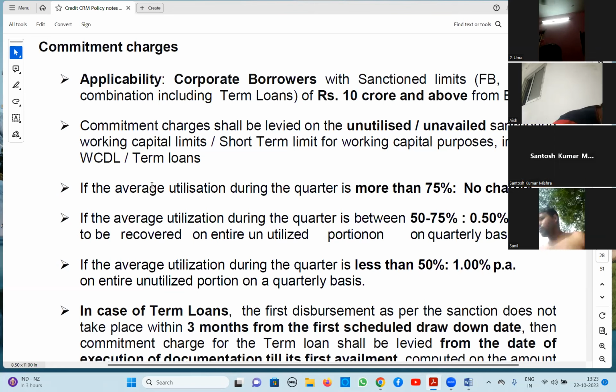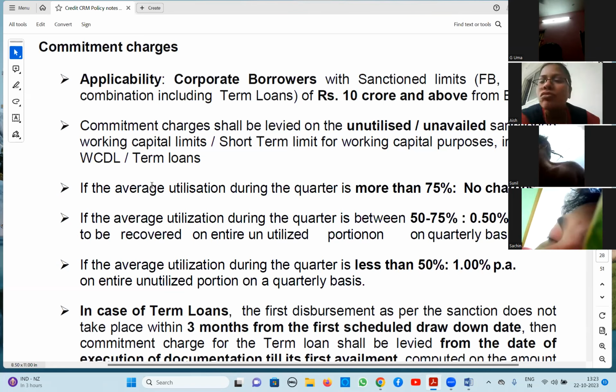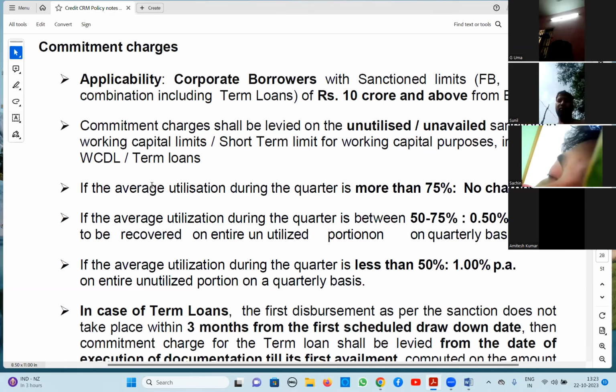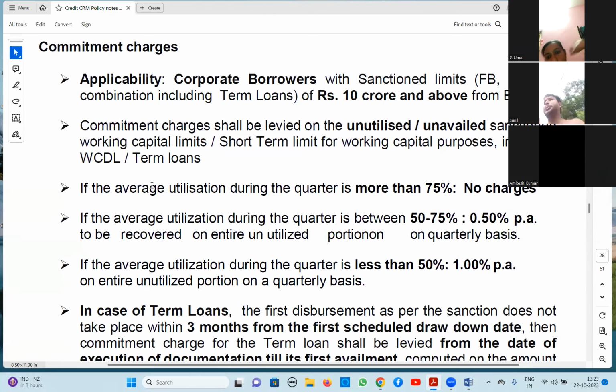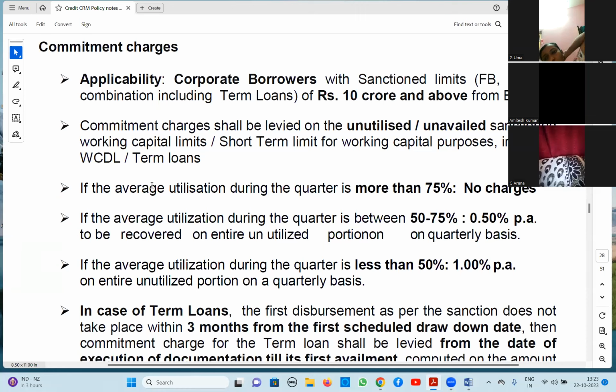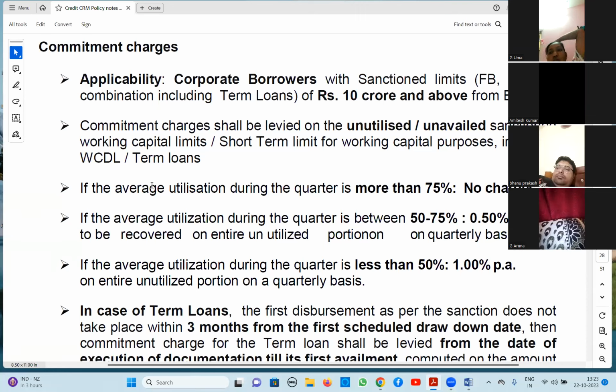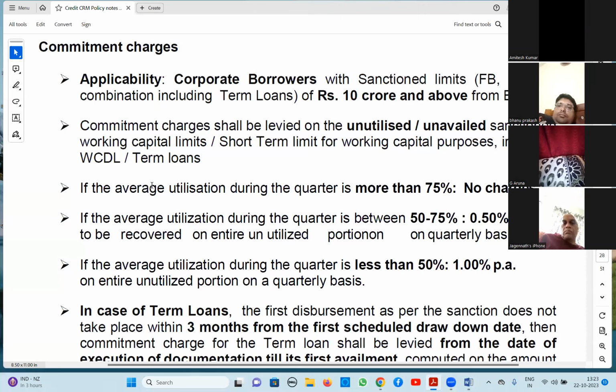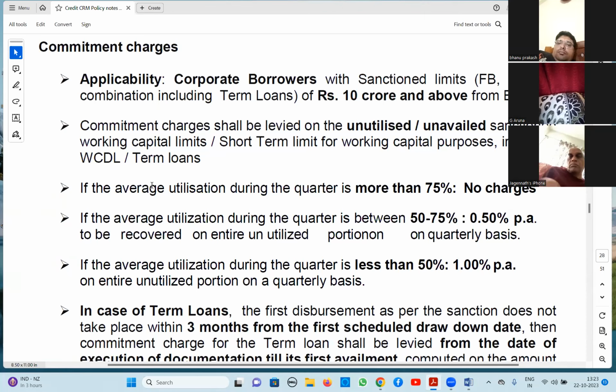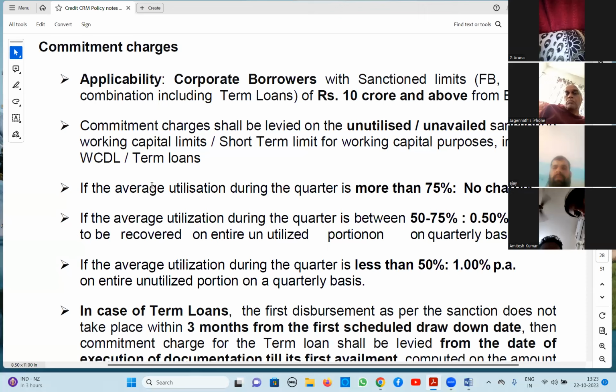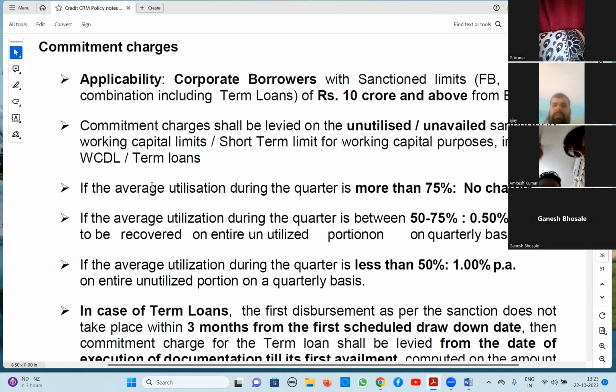If 50 to 75% is availed, then 0.5% on unavailed portion only. Suppose 100 crores is the loan, party has availed 50 crores or 60 crores. So on the 40 crores unavailed, 0.5%. You have to collect. That will become 2 lakhs.